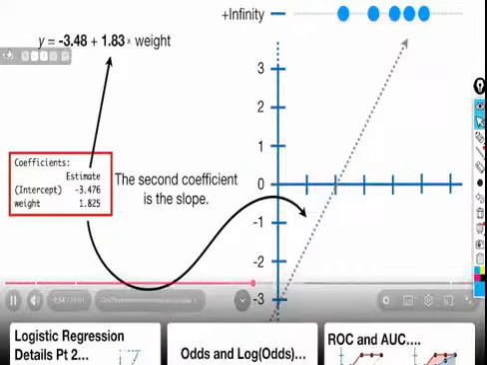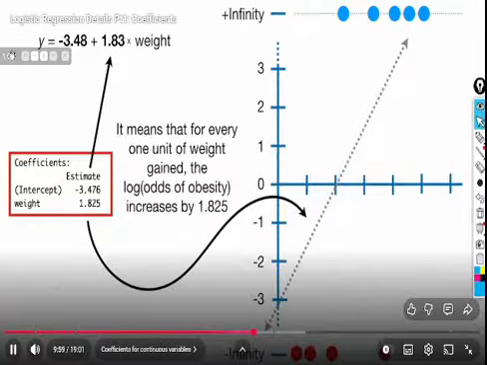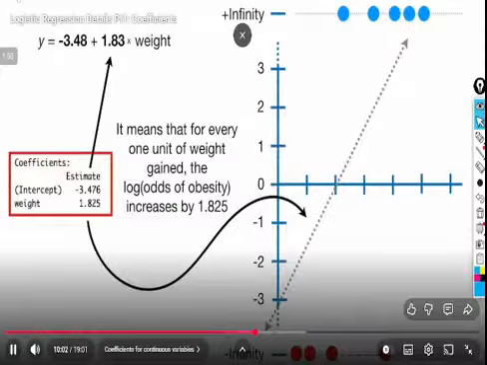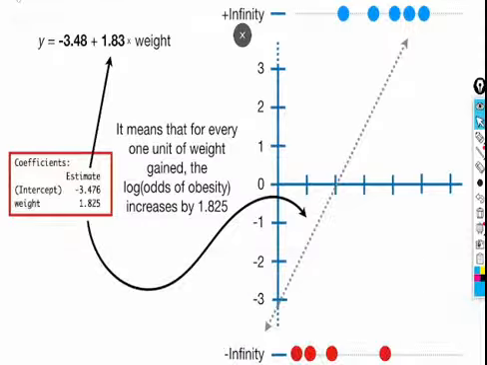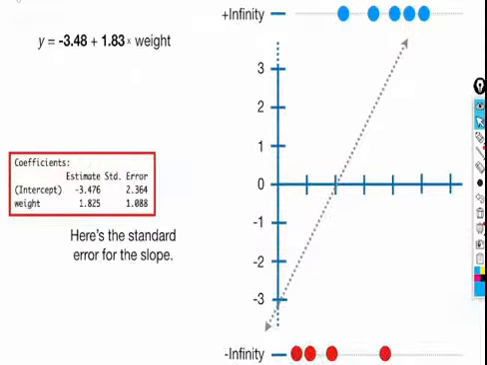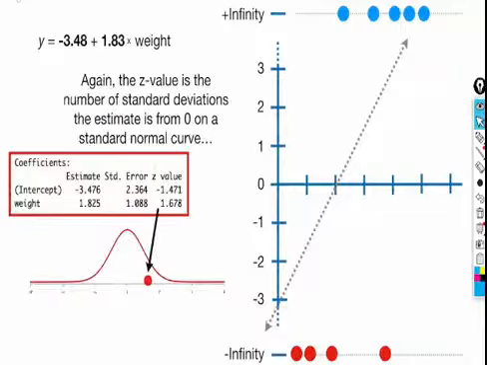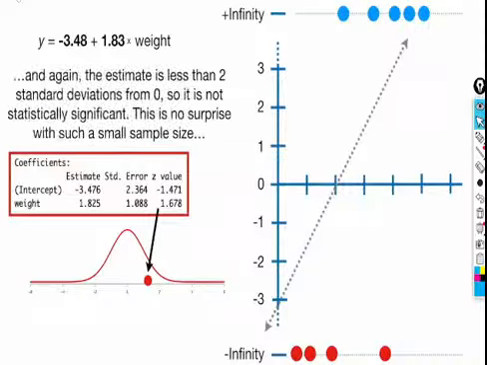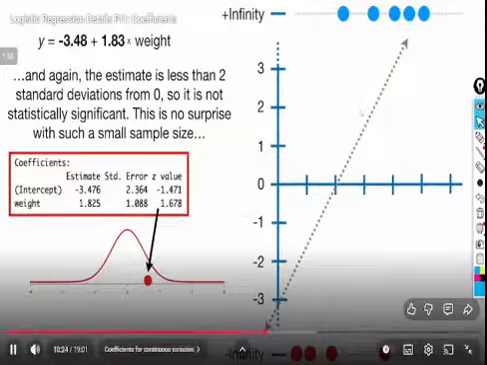The second coefficient is the slope. It means that for every 1 unit of weight gained, the log of the odds of obesity increases by 1.825. Here's the standard error for the slope. Again, the z-value is the number of standard deviations the estimate is from 0 on the standard normal curve. And again, the estimate is less than 2 standard deviations from 0, so it is not statistically significant.